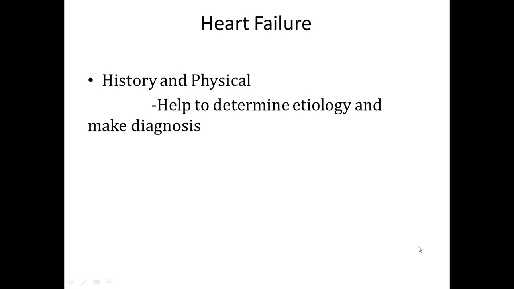And then comorbidities. When one has heart failure with reduced ejection fraction, you commonly see other organs being affected because of poor perfusion, and the kidneys, the liver, and the hematologic system are systems that are commonly affected.